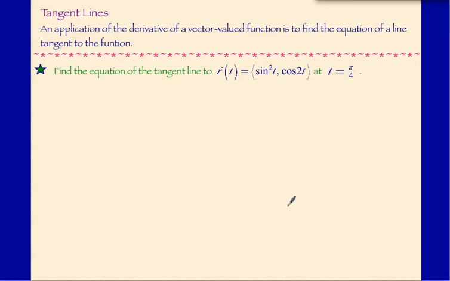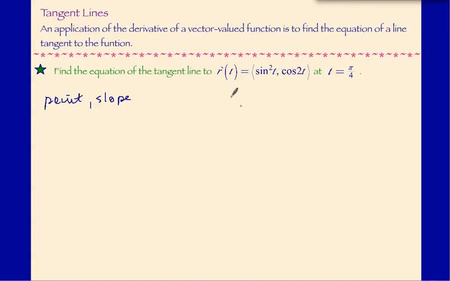Now, how would we apply this? An application of the derivative of a vector-valued function is to find the equation of a line tangent to the function. Well, as I always say, when you're trying to find the equation of a line, you need two things, a point and a slope.